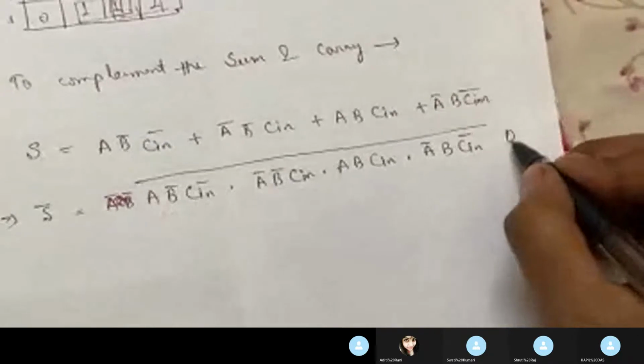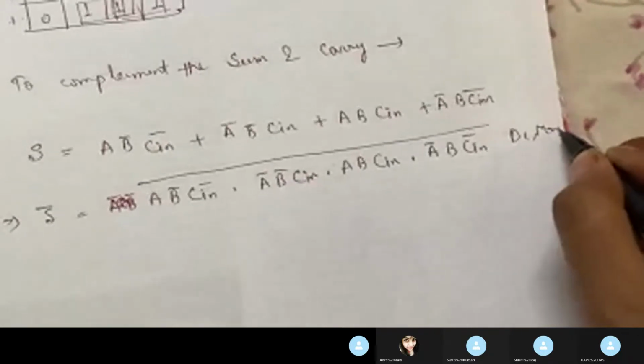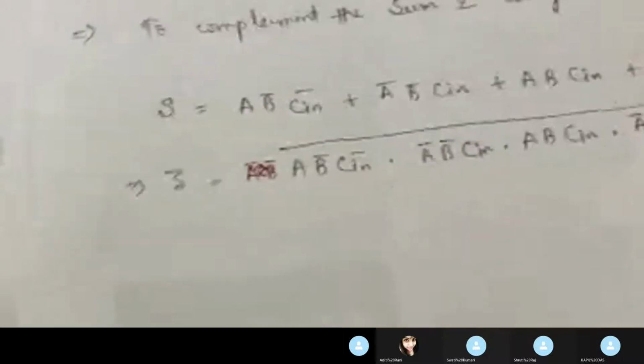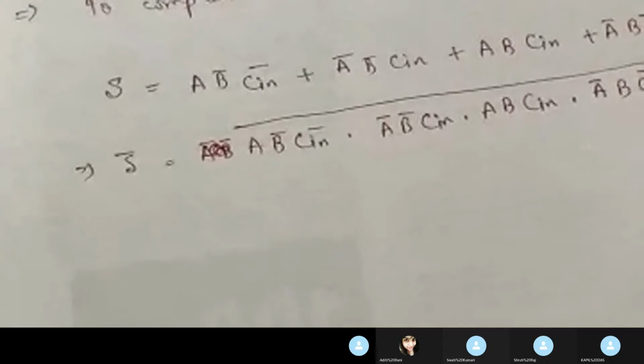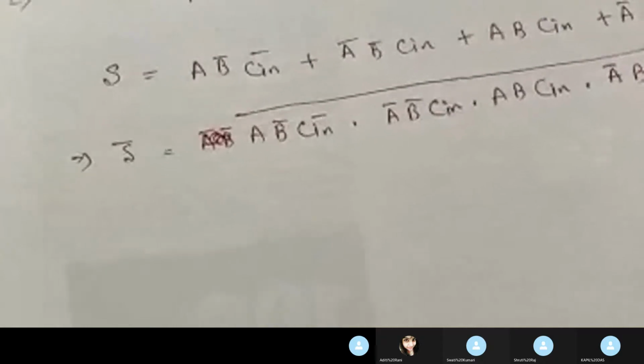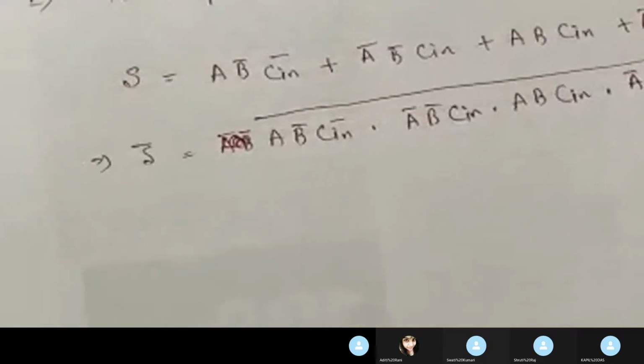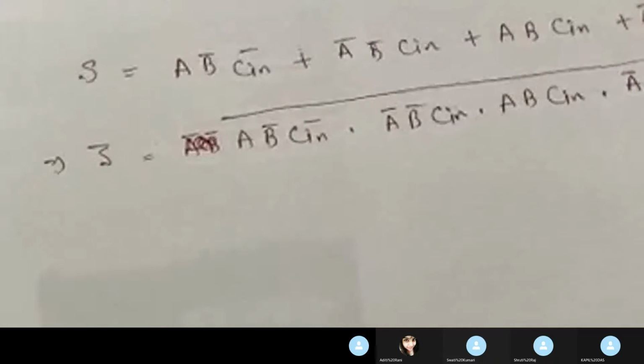Here we have applied De Morgan's theorem. डी मॉर्गन्स थ्योरम पे बेसिकली क्या होता है, अगर आप कंप्लीमेंट करते हो और उसके अंदर प्लस रहता है, तो प्लस की जगह एंड हो जाएगा और एंड रहने से प्लस हो जाएगा. Logic gets basically inverted after using De Morgan's theorem.